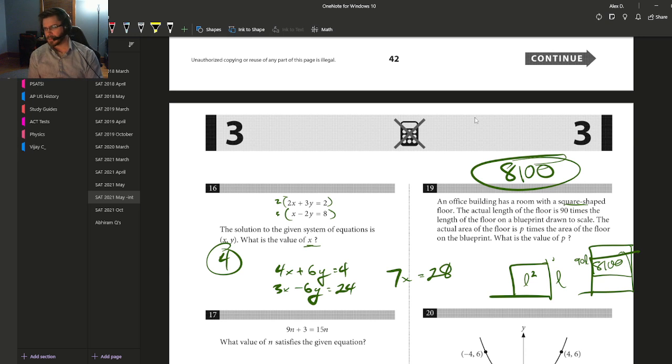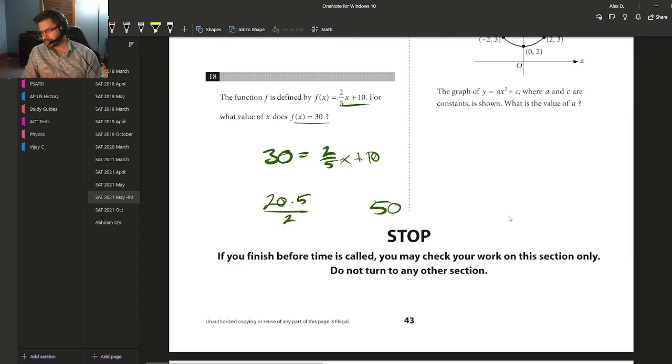If you want to see the algebra behind that, it's P times the area of the floor blueprint. The blueprint is L squared, so P times L squared equals 90 squared times L squared, and the L squareds cancel off. So P is 90 squared, which I believe is 8100. That's what I'm going to put.